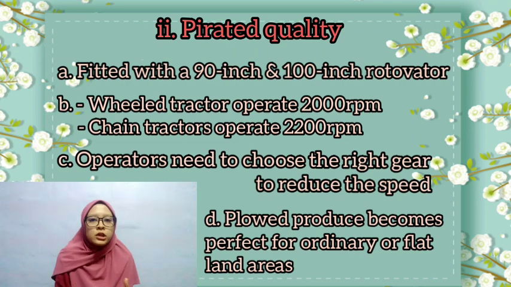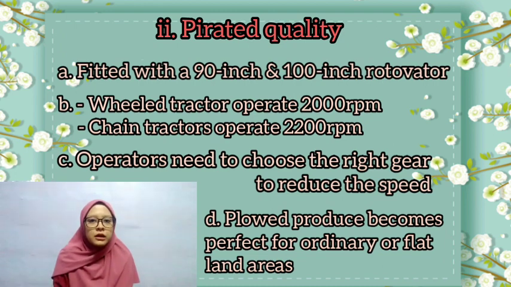Wheel tractors typically operate at 2000 RPM engine speed, while chain tractors operate at an engine speed of 2200 RPM. The operator needs to choose the right gear to reduce the speed of the rotavator.